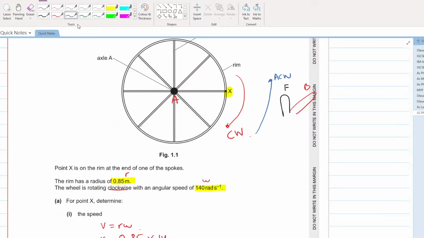Where will your current finger point? Your current is flowing in this direction. So current is flowing from A to X. Do you agree? यहाँ तक is everything clear to all of you? Current is flowing from A to X. Yes or no?